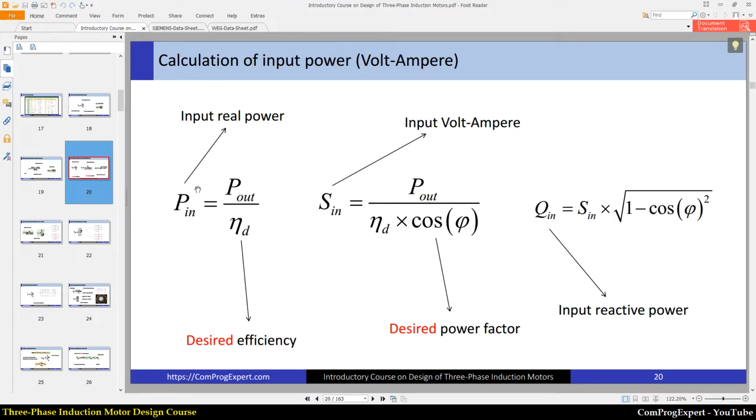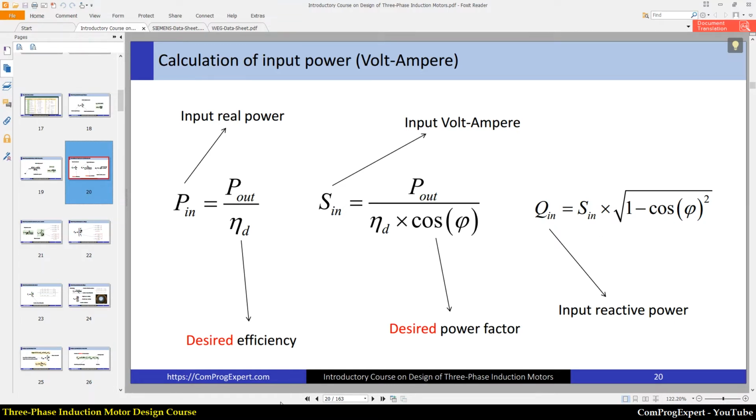As you know, the input power is equal to the output power divided by desired efficiency. And the input volt-ampere is equal to the output power divided by desired efficiency times desired power factor. And the input reactive power is equal to input volt-ampere times SQRT of 1 minus the desired power factor square, right?